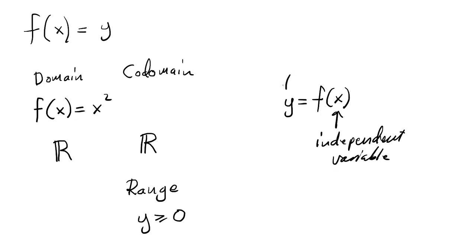But y, that you call the dependent variable, because once you have chosen x, then y is fully determined. So y is dependent on what you choose for x. So you can choose x freely, so it's independent, but y is dependent on x. So you call it a dependent variable.